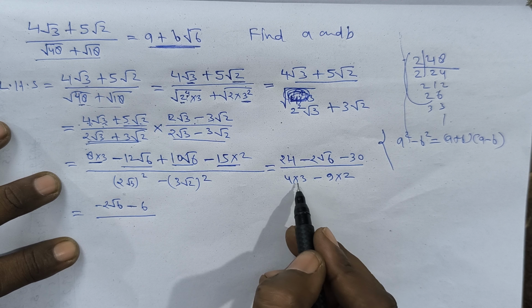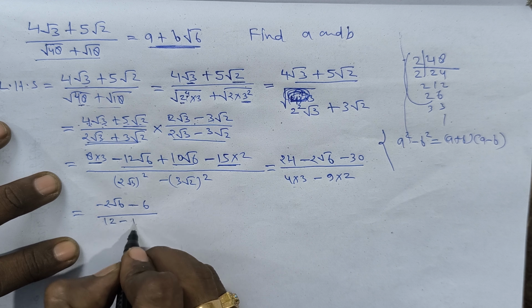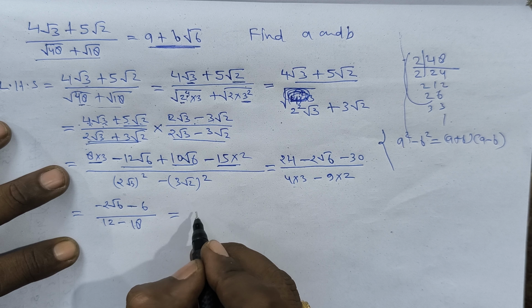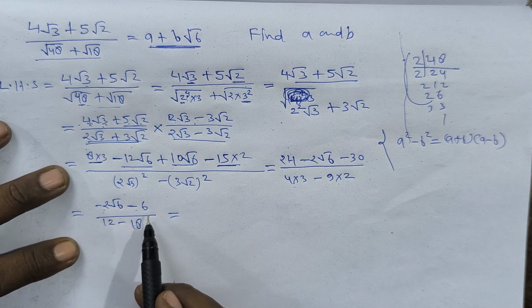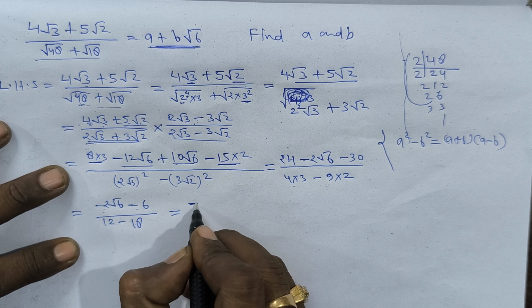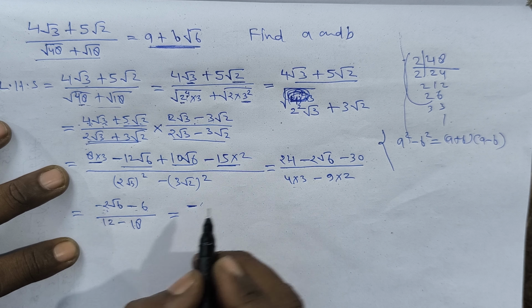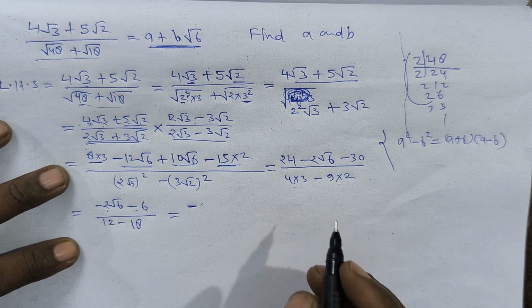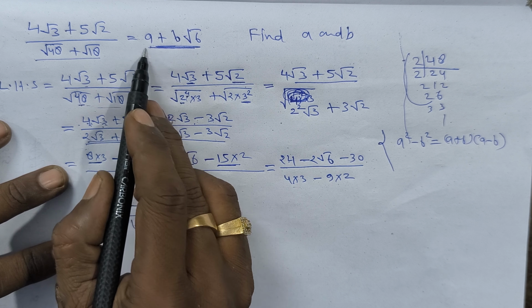What we have now is 12 minus 18. Both are minus numbers, and we need plus, so we can take a common factor: minus 2, because both have common factors. We took 2 common to make it plus.